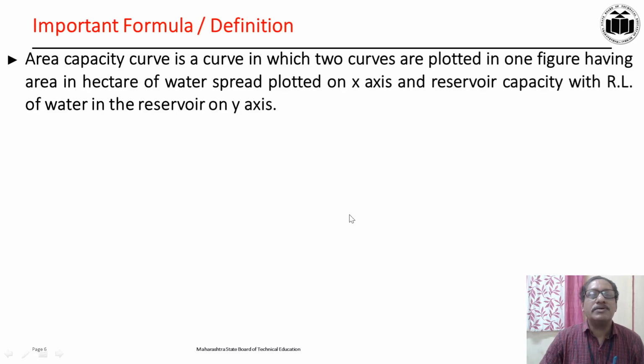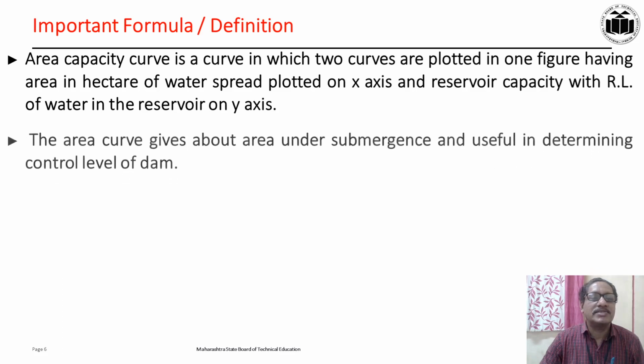Area capacity curve is a curve in which two curves are plotted in one figure, having area in hectare of water spread plotted on the x-axis and reservoir capacity with RL of water in the reservoir on the y-axis.